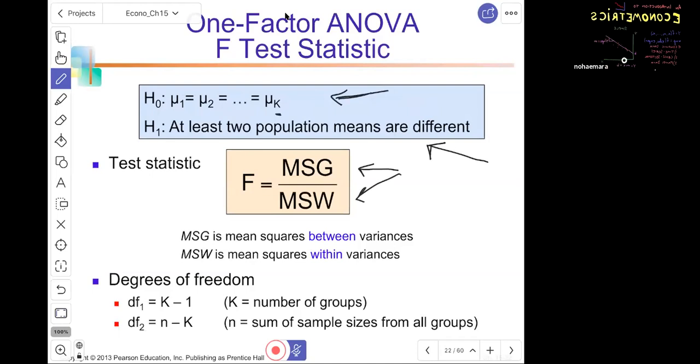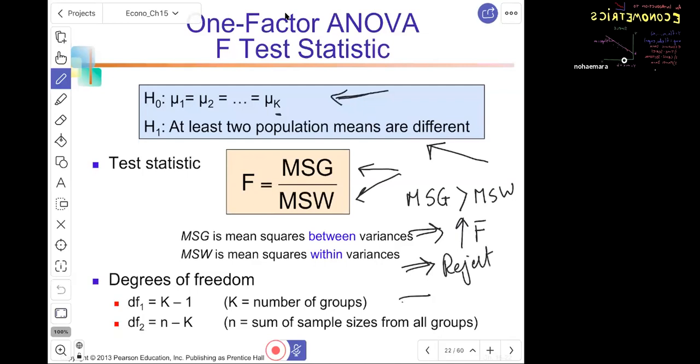I want you to imagine that if the mean squared between groups is bigger than the mean squared within, of course, this means that the F statistic would increase because the numerator is bigger than the denominator. And hopefully, if it exceeds the critical value, then you would reject the null.